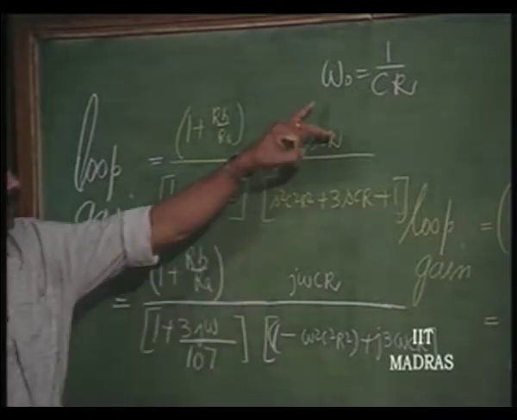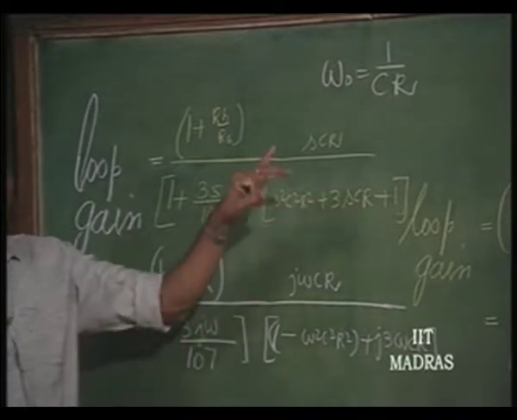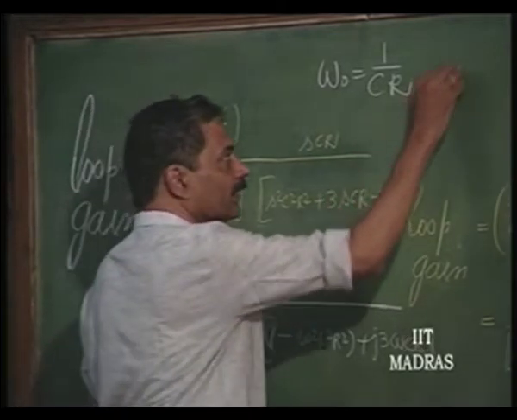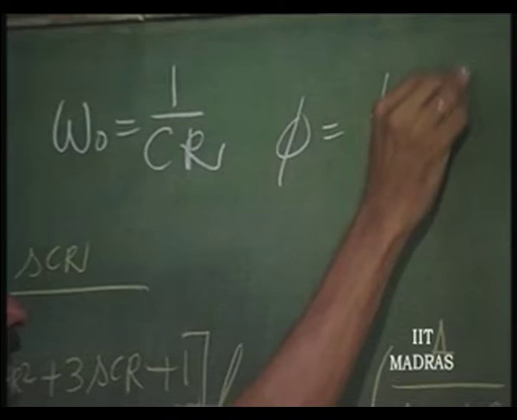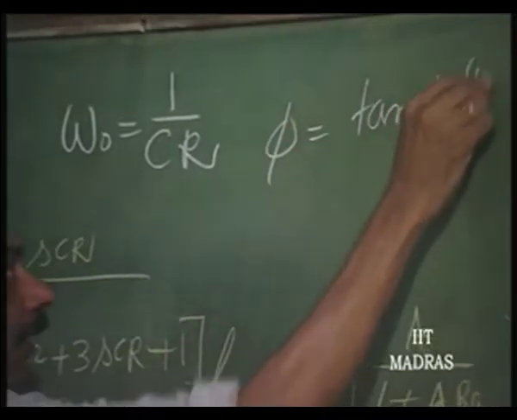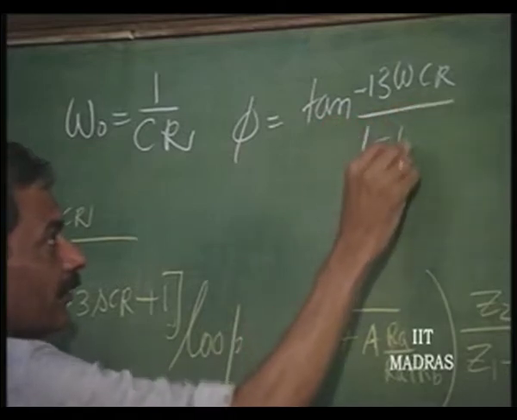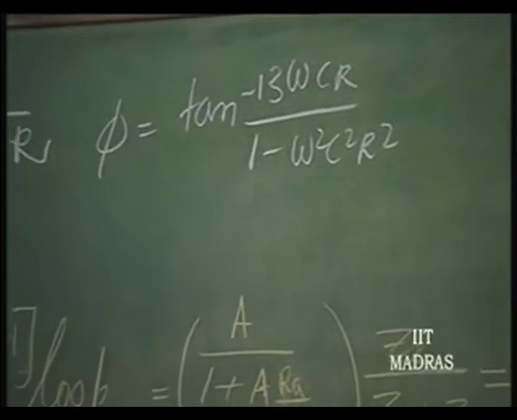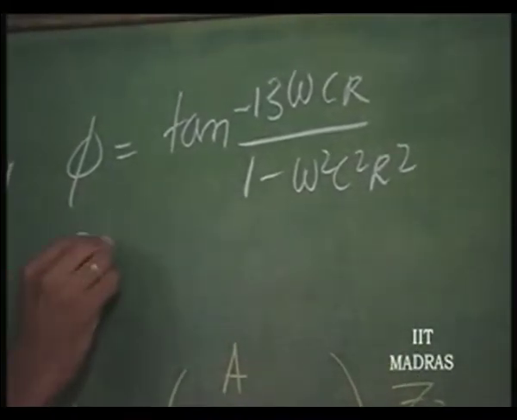At omega naught equal to 1 over C r, the phase shift can be written as phi is equal to tan inverse of 3 omega C r divided by 1 minus omega squared C squared R squared, and like in the example 14, we can prove that. I am not going to do it.